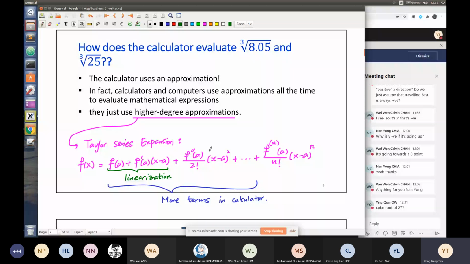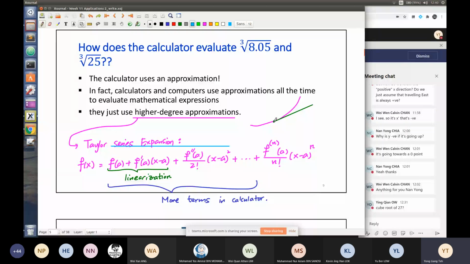Let me draw a representation here. Let's say this is your function, and this is your expansion point. Then this is your linear approximation. Subsequently, if you do quadratic, you're going to get something like that.